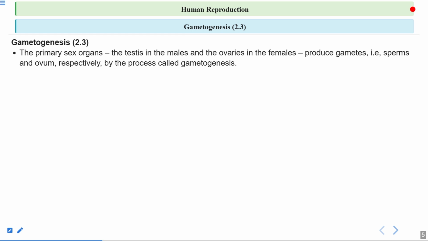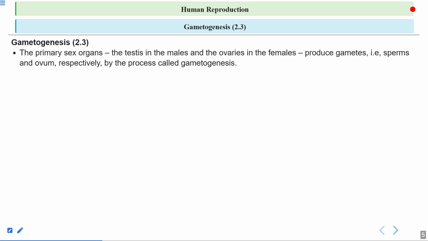Within these seminiferous tubules, sperm production takes place. So the answer is the seminiferous tubules. If someone asks you what is the site of spermatogenesis, you will write seminiferous tubules present within the testes. Then you can explain the structure of the seminiferous tubules.